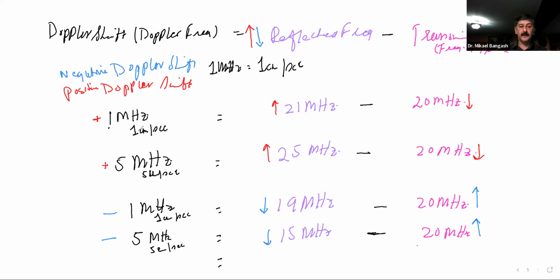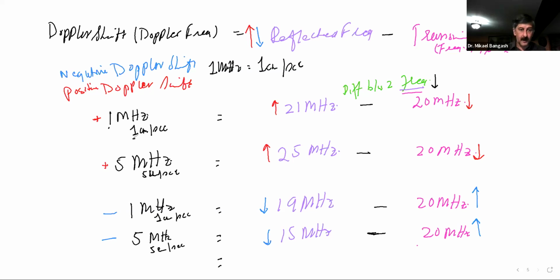Clear? Okay. Now, how did we get 1 centimeter per second, and how do we get 5 centimeters per second? Mainly because when comparing these two, the difference between the two frequencies, the reflected frequency and the transmitted frequency, was less.